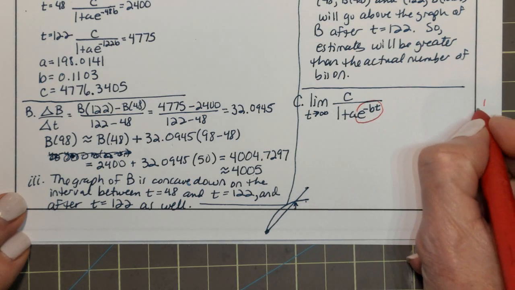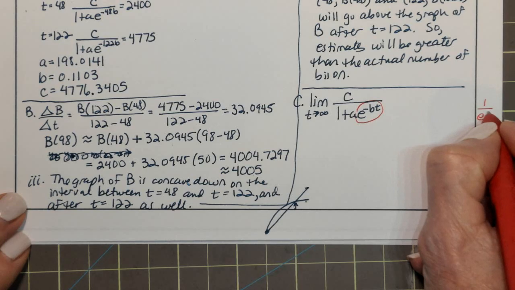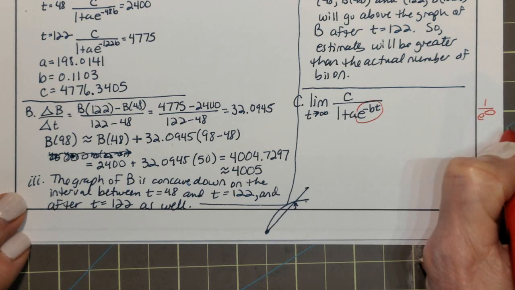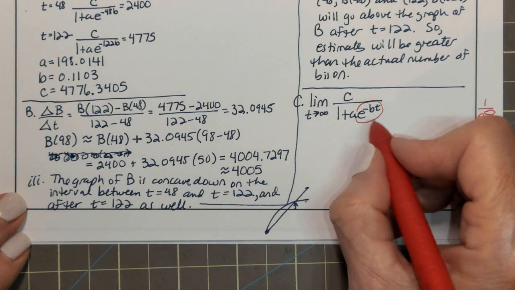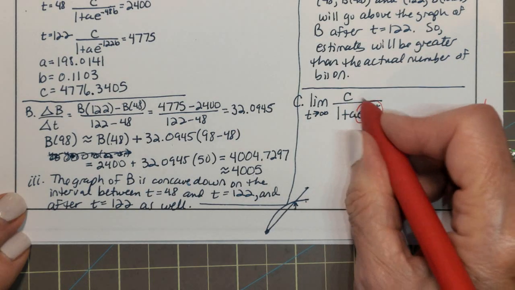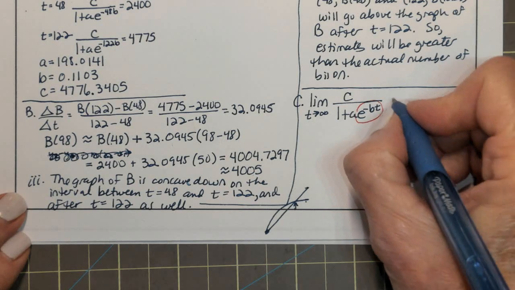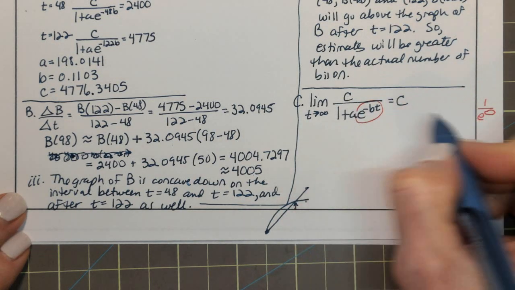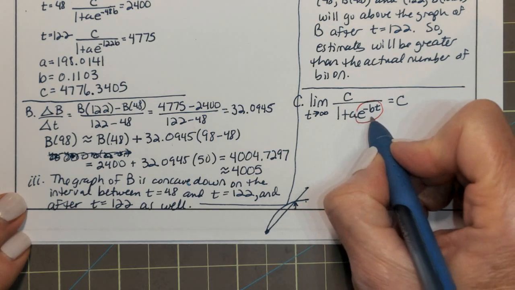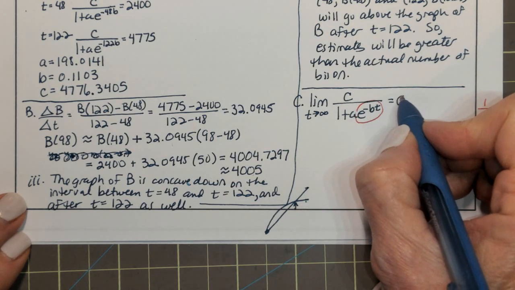That's like 1 over e to a huge power. And that thing is approaching 0. So we get that this is equal to just C. C over 1 plus 0, which is just C.